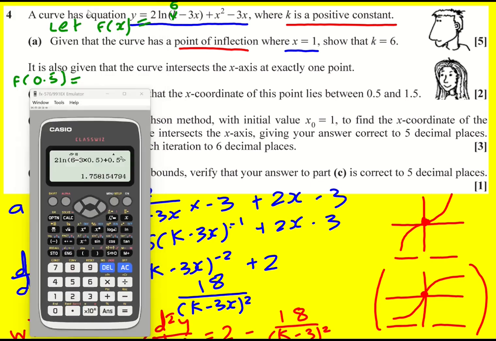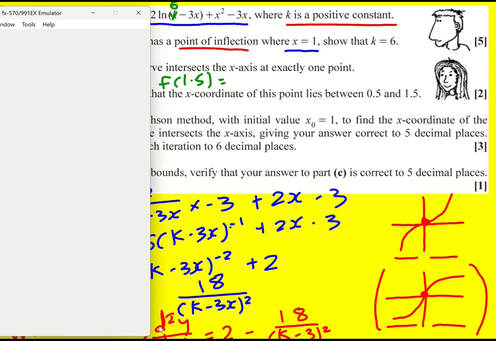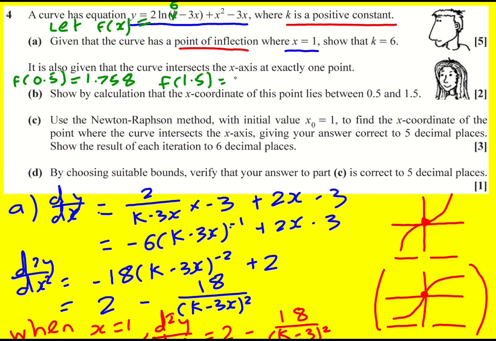Let's get 1.758. Do the same thing, but just replace the 0.5 by 1 everywhere. Minus 1.439.